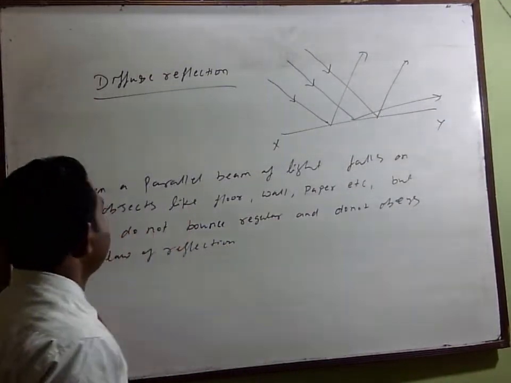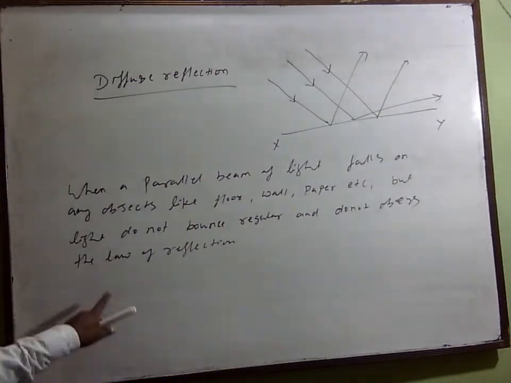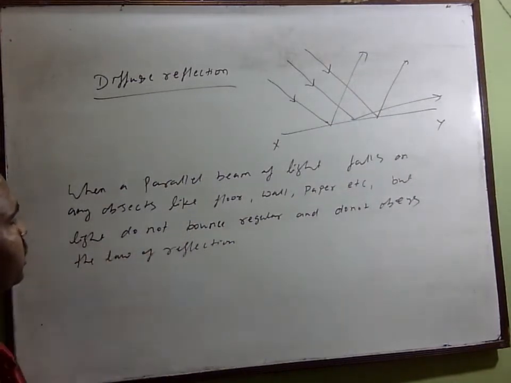It means when a parallel beam of light falls on any object like floor, wall, paper, etc., the light does not bounce regularly and does not obey the laws of reflection.